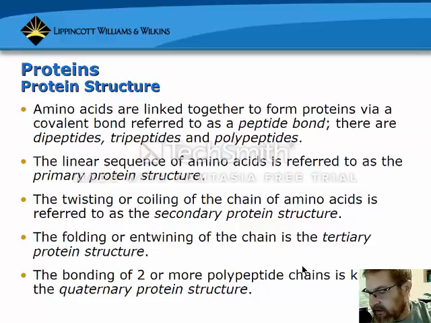Now, when we take those secondary structures and build them up into a three-dimensional chain, then we have the tertiary structure. So the final fold of any single protein unit is the tertiary structure. Now, if you have two chains that have to come together, that would be a quaternary structure. And so you've already made the combination of the 3D structure, and then you're going to build two of those 3D structures together.